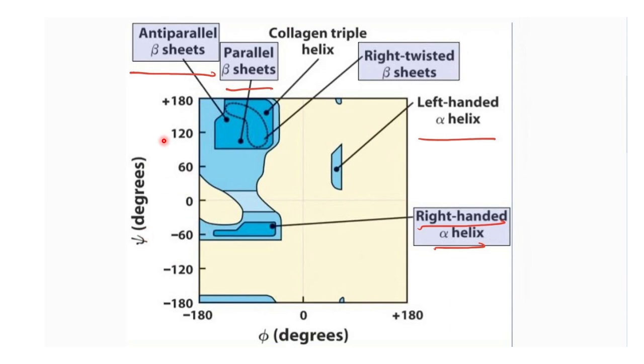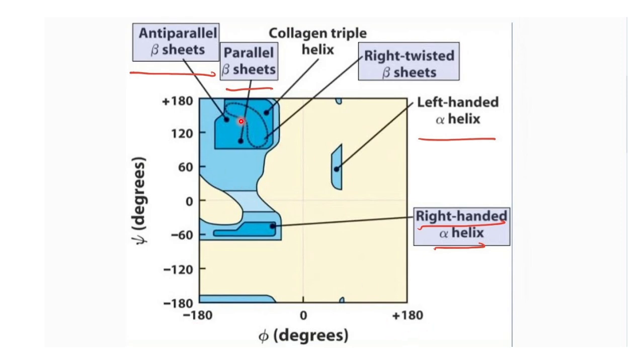So when you are plotting a Ramachandran plot, you plot psi versus phi, where you have phi on the x-axis and psi on the y-axis. On the y-axis it's plus 180 to minus 180, that's the angle, and the phi is minus 180 to plus 180.